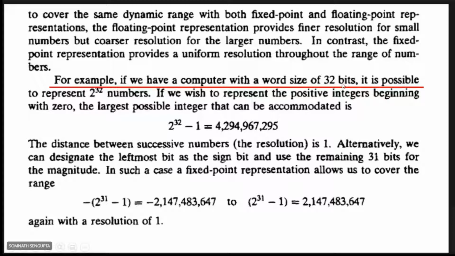Okay, 32 bits are there, so we can represent 2 to the power 32 values, including 0. If we wish to represent the positive integers beginning with 0, the largest possible integer that can be accommodated is 2 to the power 32 minus 1.